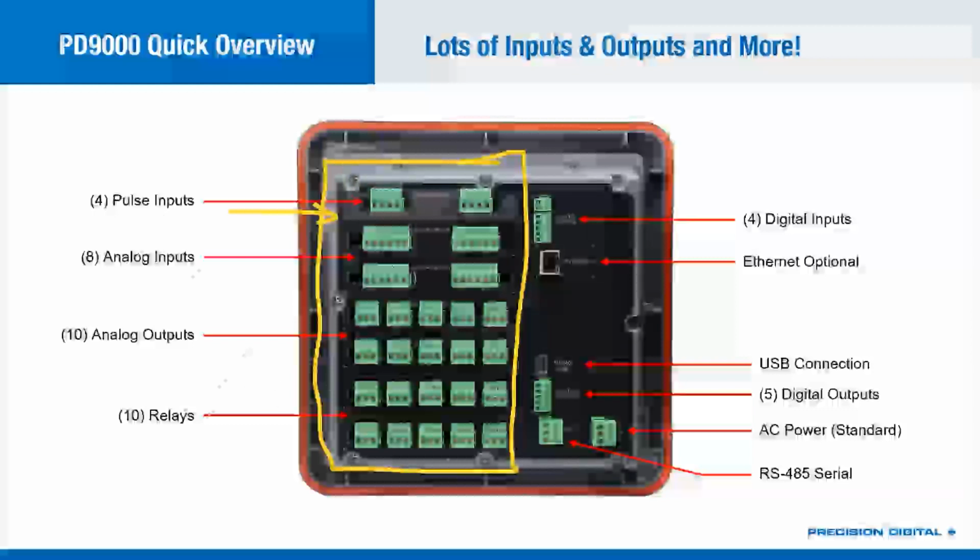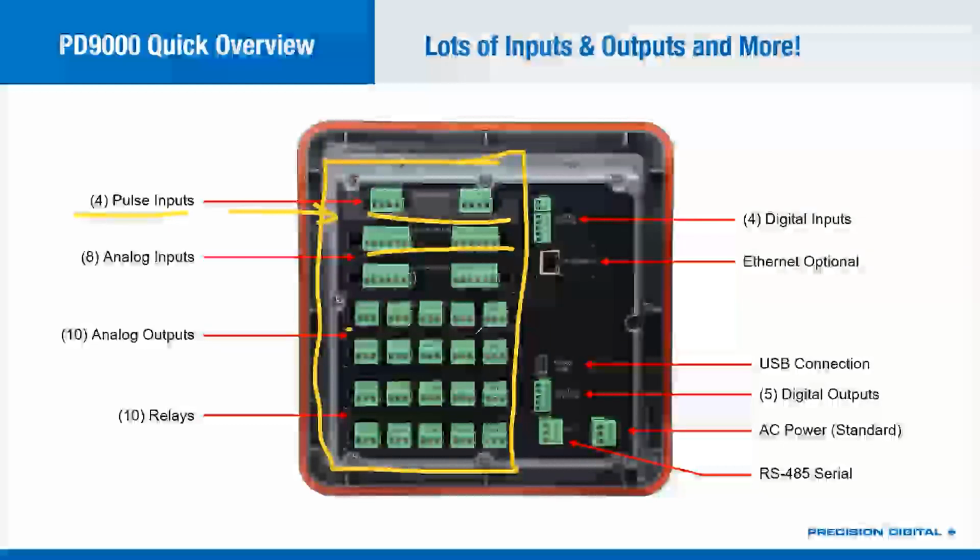But you have these 7 card slots, and those can be 4 pulse inputs per slot or 4 analog inputs per slot. The analog inputs, just like the analog outputs, both come with 24-volt isolated power supplies, 1 for each channel. So you get a 4 to 20 milliamp input card, and you also get 4 24-volt isolated power supplies.